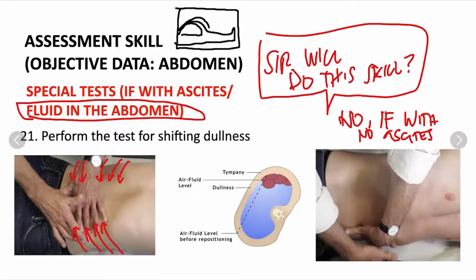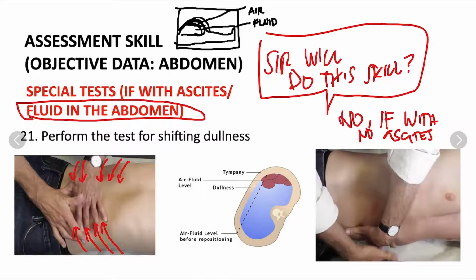Usually the upper portion of the stomach would be filled with air, and the lower part would be filled with fluid. This is the fluid that escaped from the system, that just hangs out in their abdominal area.